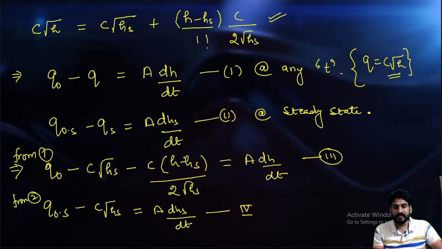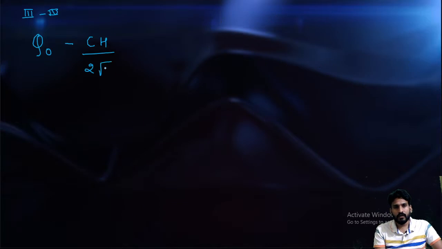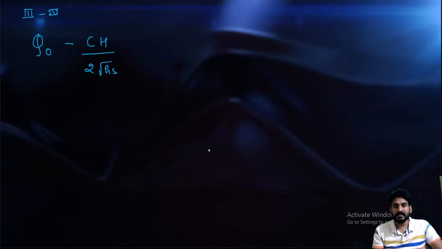Minus c, and this is already in the deviation variable, so minus c capital H minus c capital H divided by 2 under root hs is equal to this minus that, which is equal to A dH divided by dt. Okay, this is my equation number 5.